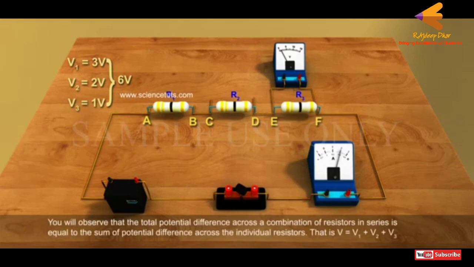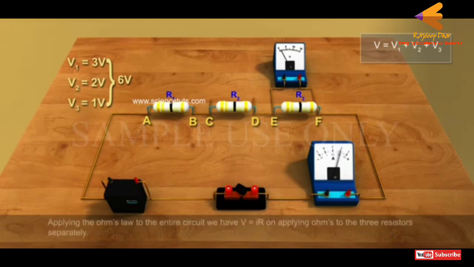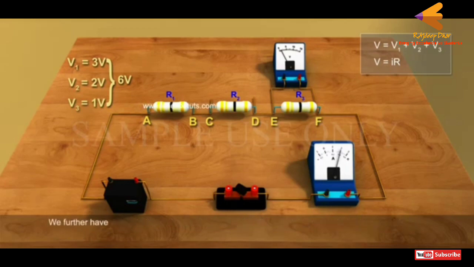You will observe that the total potential difference across a combination of resistors in series is equal to the sum of potential difference across the individual resistors. That is, V is equal to V1 plus V2 plus V3. Applying the Ohm's law to the entire circuit, we have V is equal to IR on applying Ohms to the 3 resistors separately. We further have V1 is equal to IR1, V2 is equal to IR2 and V3 is equal to IR3.